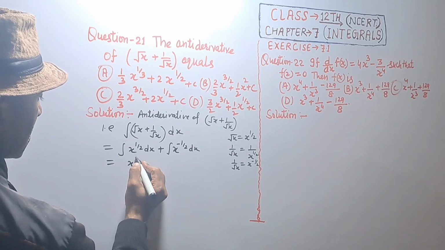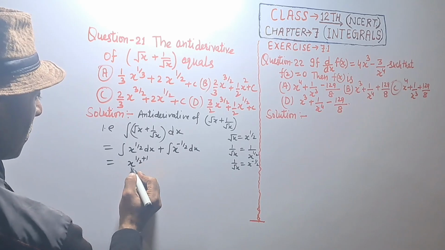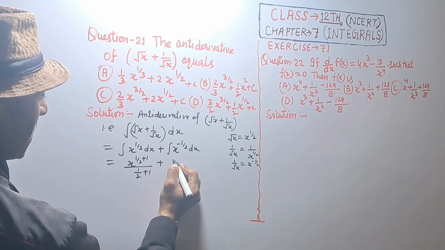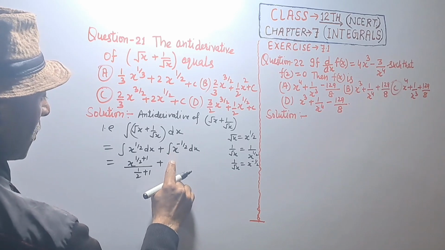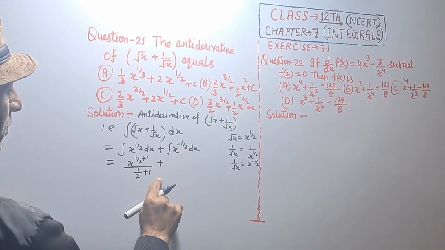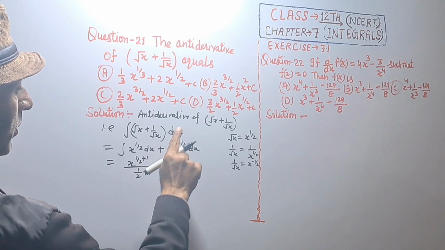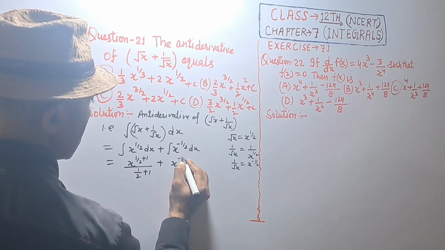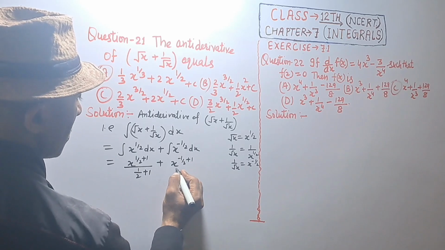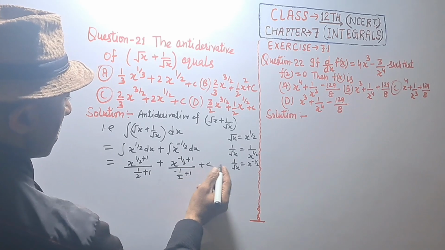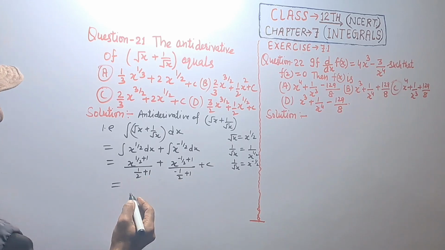Their integration is x raised to power 1 upon 2 plus 1 upon 1 upon 2 plus 1, and integration of x raised to power minus 1 upon 2 is x raised to power minus 1 upon 2 plus 1 upon minus 1 upon 2 plus 1 plus constant c.